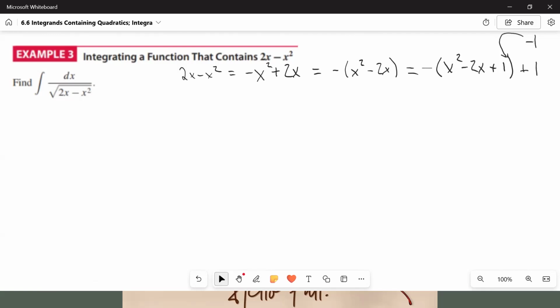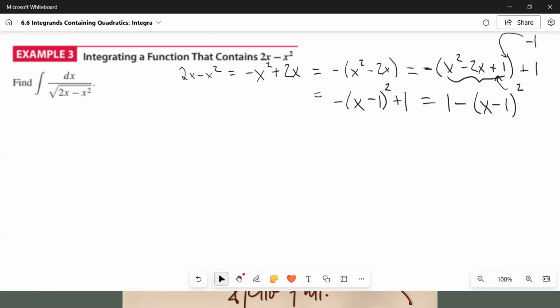Okay? Or you could think of, if we distribute this negative back in, it's going to make this one negative, which will cancel with the plus 1 outside. So this becomes negative x minus 1 squared, if we factor this trinomial, plus 1. Or we could write that as 1 minus x minus 1 squared.